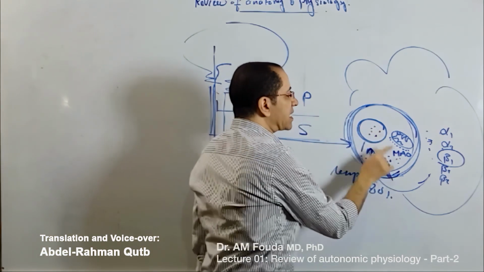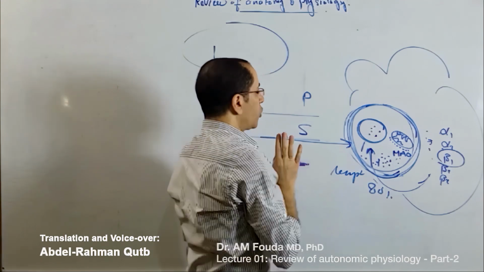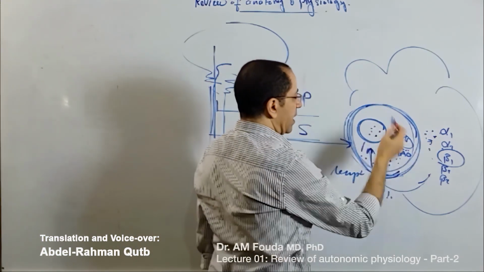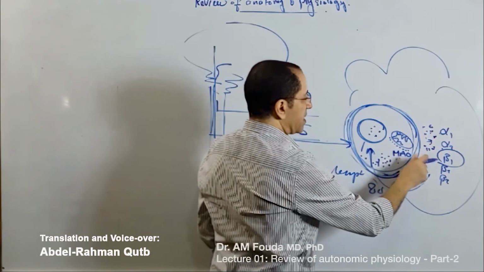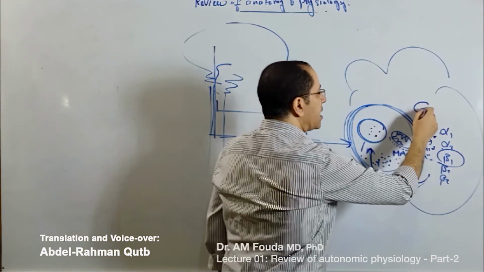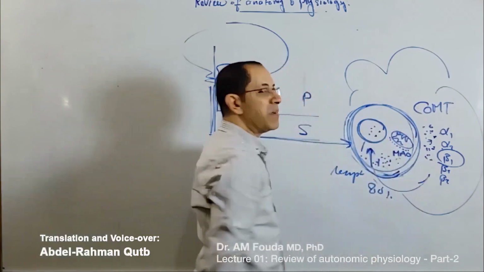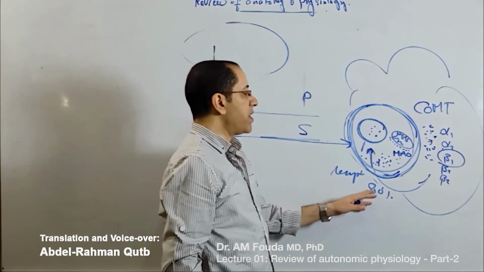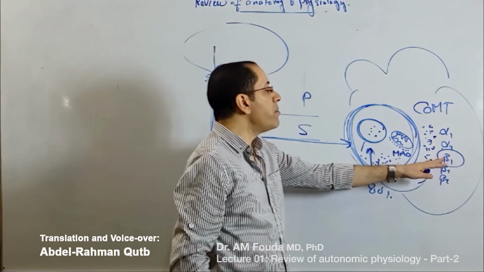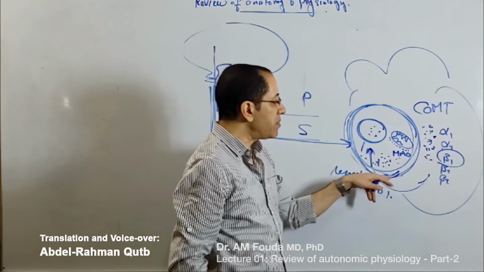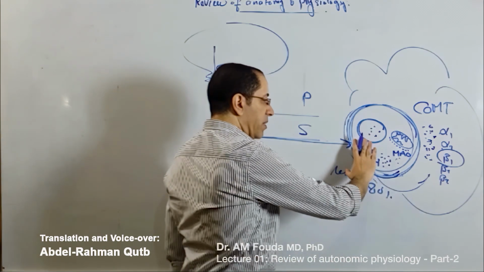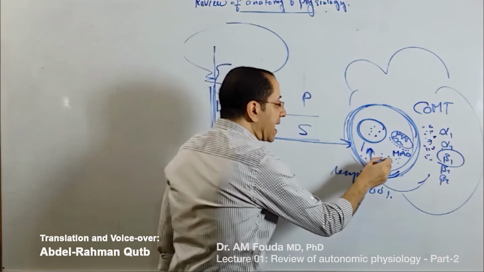from MAO enzyme. So what happens if norepinephrine became stubborn and refused to get inside the cell and remained free in the synaptic space? No one would prevent him, however, someone could actually destroy him. This someone is called COMT enzyme. So norepinephrine acts on its receptor and becomes consumed. However, the remaining amount must be removed by recycling for 80% of the remaining amount.